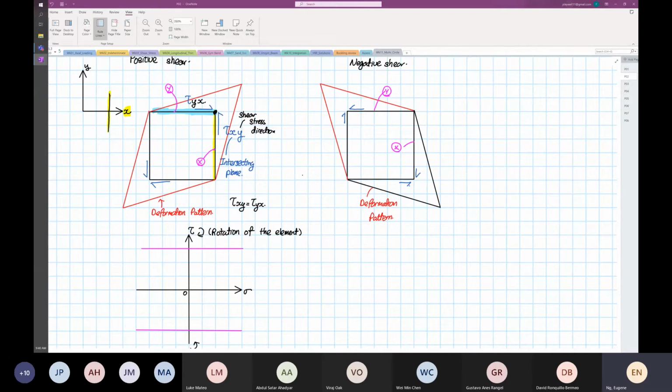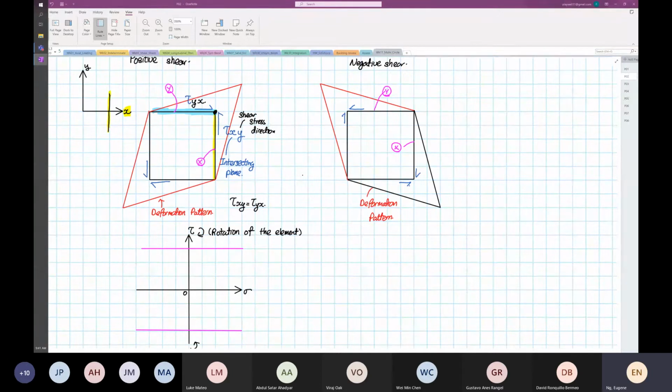My answer is no. You still have to draw both positive and negative. This is because the location of the element's point X on the Mohr circle does not depend on whether the shear is positive or negative. It depends on the rotation of the element where the shear stress is inducing.